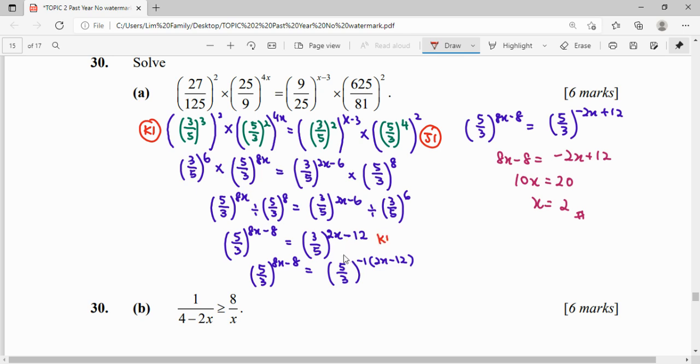This is how you get another concept, to become a single base where, when you divide, the power is minus, and come to the answer of this stage. Lastly, change it to the same base and then you can equate the power to solve for x. So that's all for our 30A.